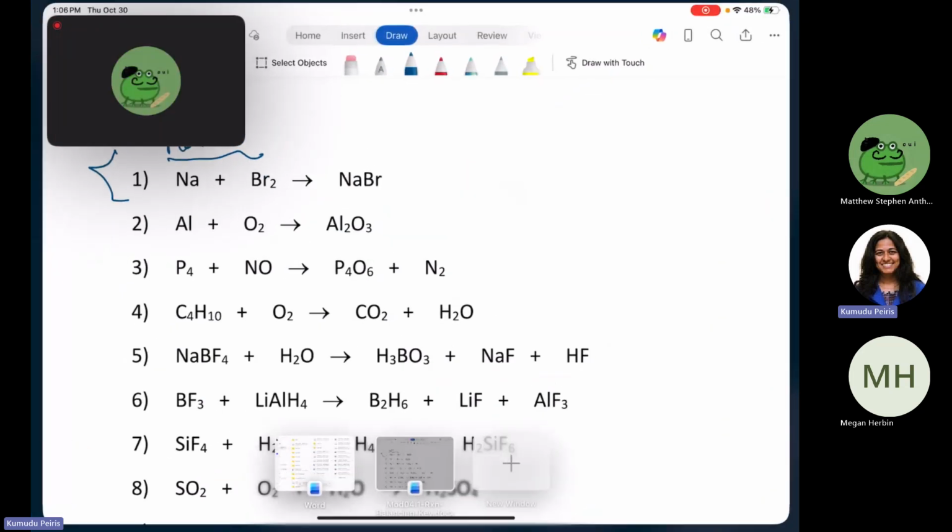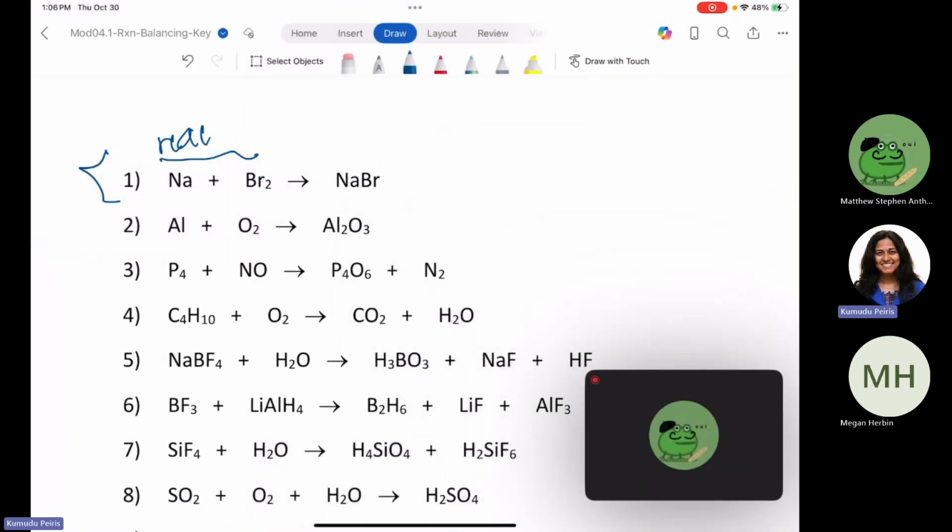This is the reactant side, and here is the product side. When you compare the amounts of these elements on both sides, you will see sodium has just equal amounts on both sides. But when we look at the bromine, it has two bromines on the reactant side.